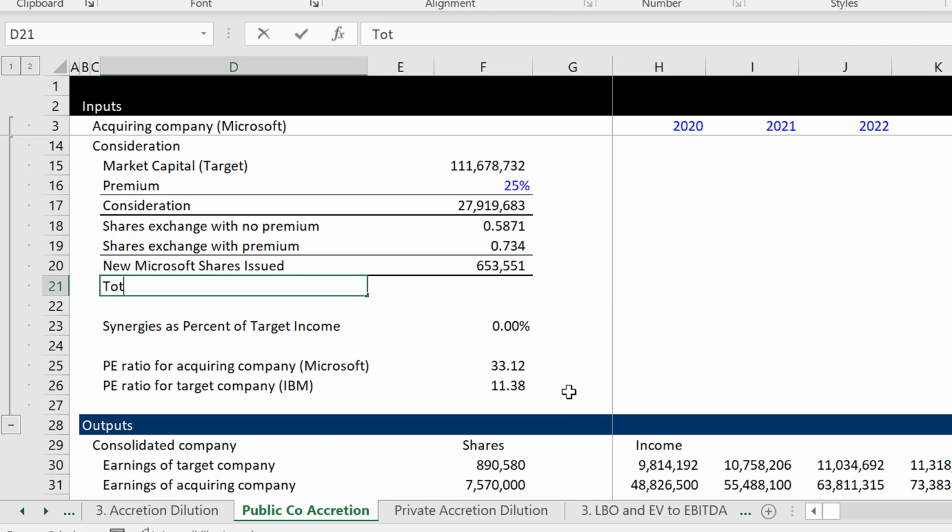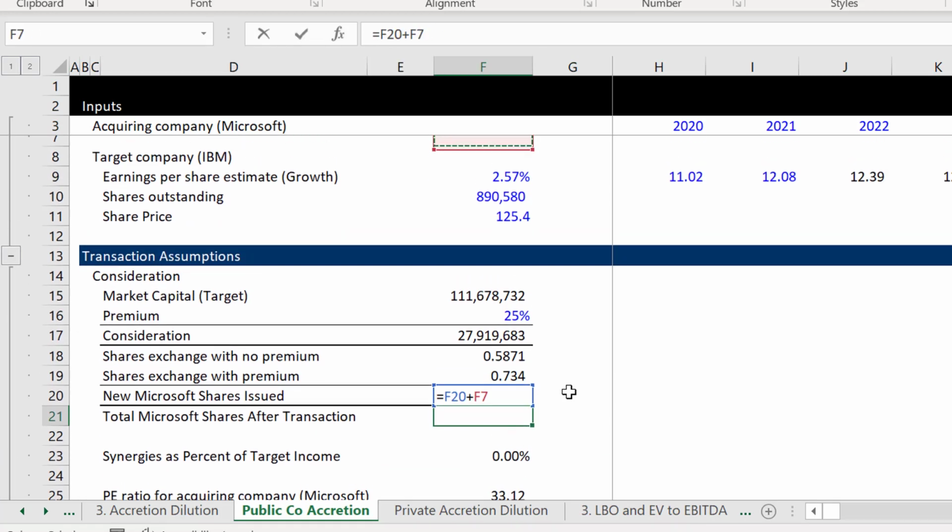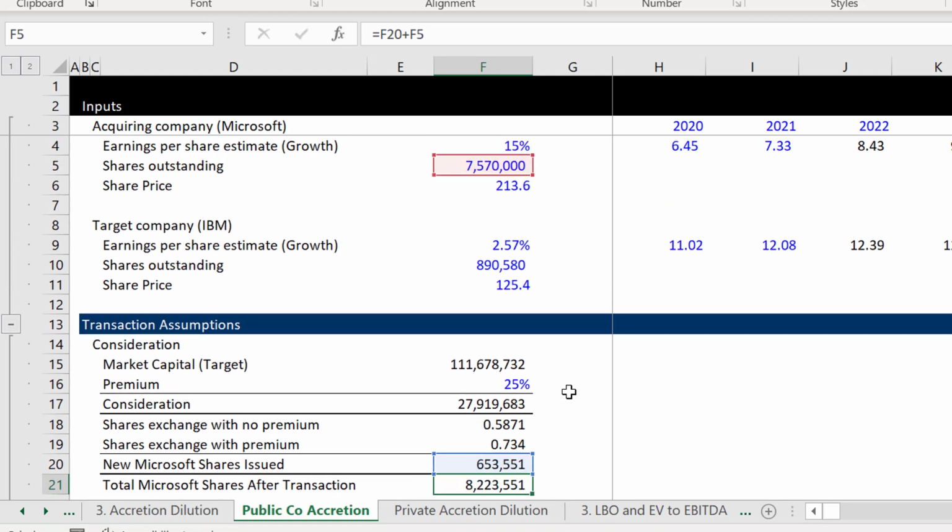What I'm trying to tell you, and I'm not doing a very good job of it, is the total shares after transaction. I'll even put total Microsoft. We take the new shares that we got, plus the initial shares that they began with.